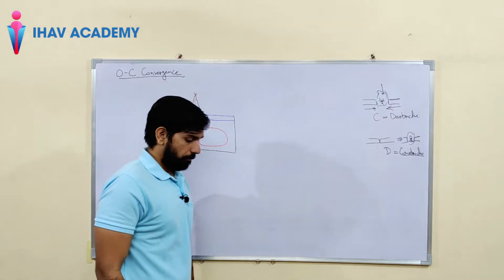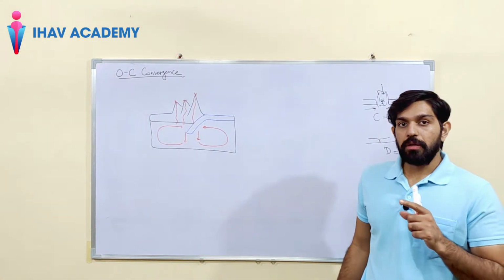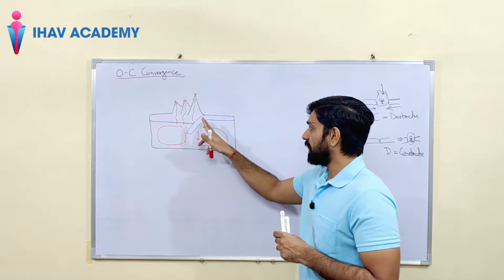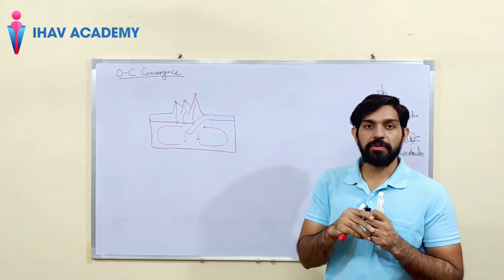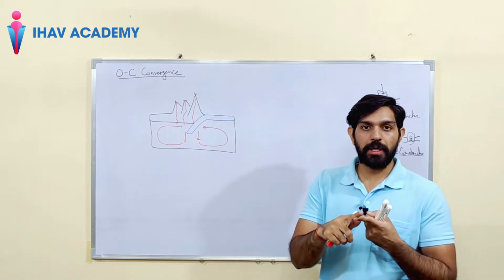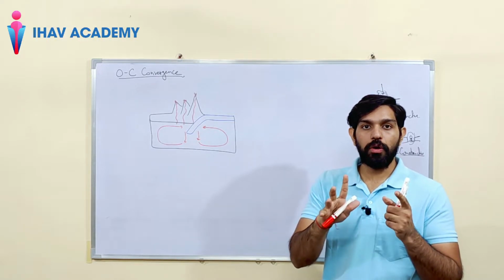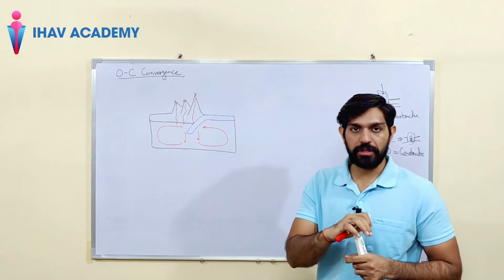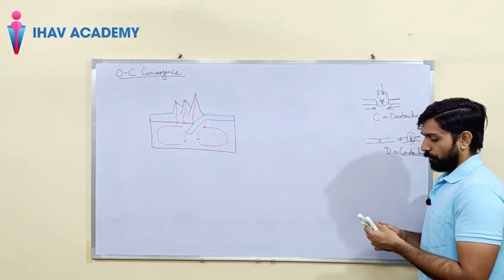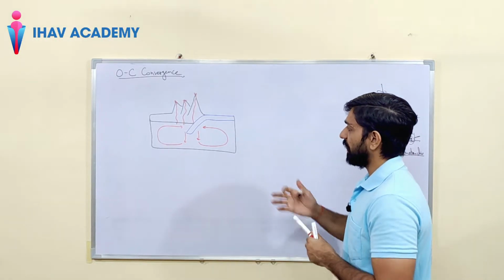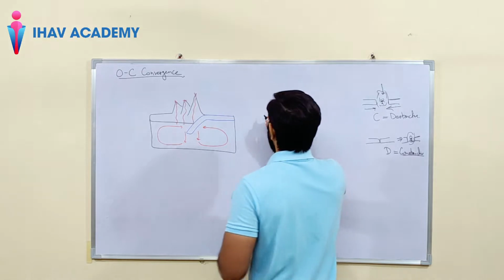As I have told you, whenever there is convergence, all the things that we have studied in previous theories, the seafloor spreading, the convectional current theory, all will be applied here in plate tectonics. So first of all, what are the resultant of these plate boundaries?